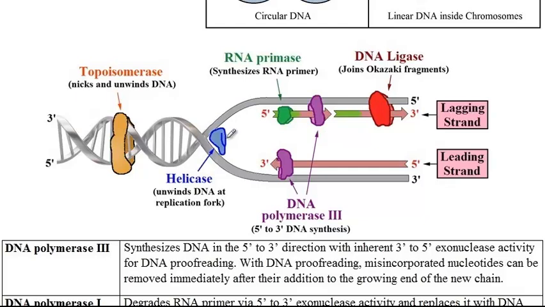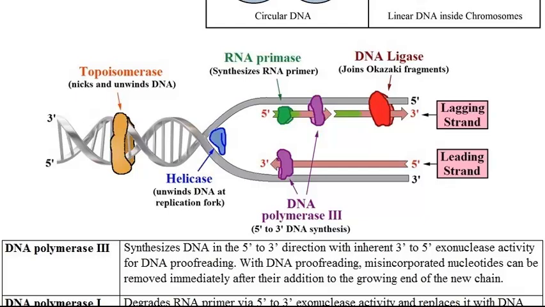But now what happens as we are unwinding DNA? Since this is a helical structure, there would be supercoiling that will happen at the end of the DNA strand. So imagine if you're having one of those old phones that has a cord that is twisted on itself. If you try to open the cord, you will see that the rest of the cord will become supercoiled on top of each other, and we don't want that to happen.